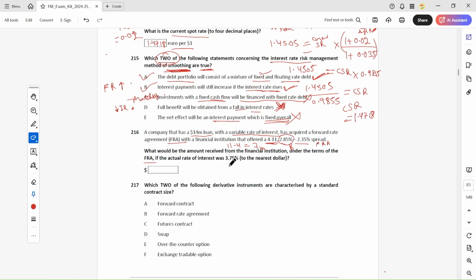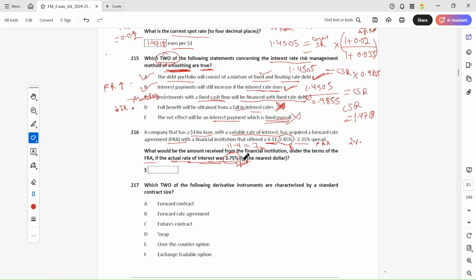If the actual rate of interest on the date increases, the bank will pay us, which means we will receive from the bank. And if the interest rate goes down, for example to 2%, then we have to pay, because a forward rate agreement is not a way of making profit, it is just a way of hedging the risk.